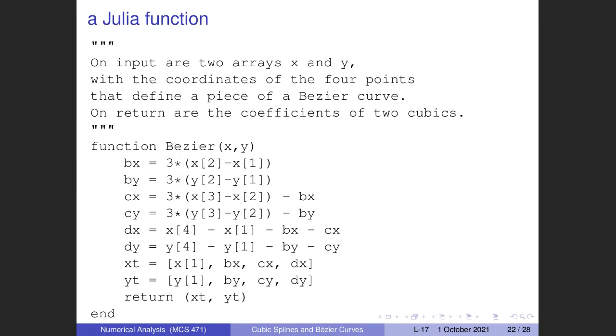We return the coefficients of the cubic splines. You see that the x1 and the y1 are immediately copied. And we have the formulas, so the 3 steps. We compute the B, the C, and the D. So there are 3 steps, and everything is symmetrical for the X and the Y.